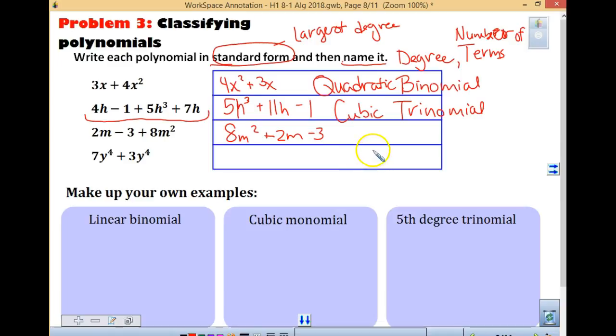So, Brecken, we are looking at first the degree, which is quadratic. Nice job. So we got quadratic. And then Soren, it's a quadratic what? Trinomial.